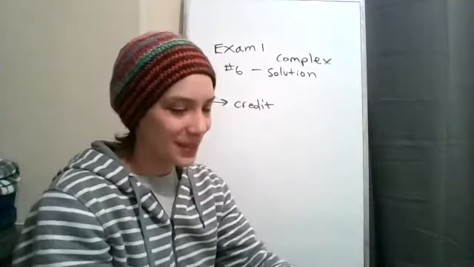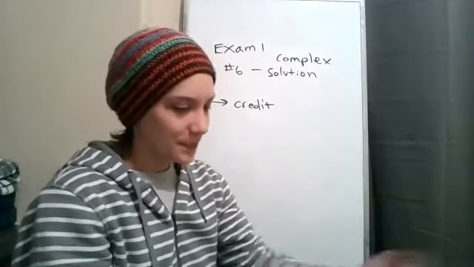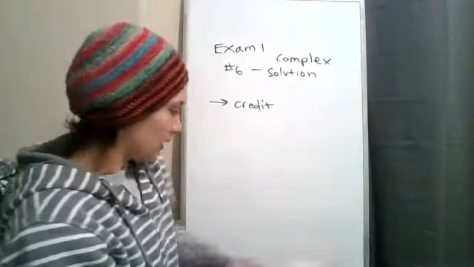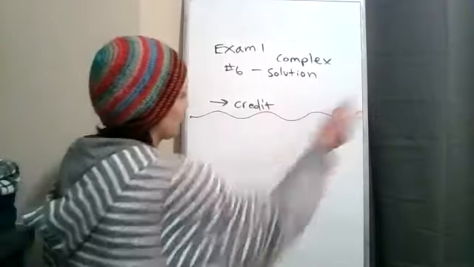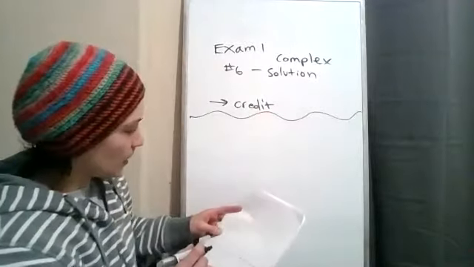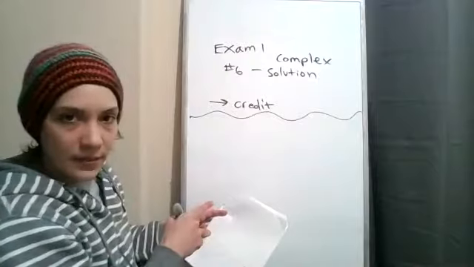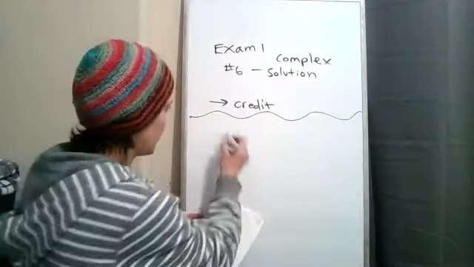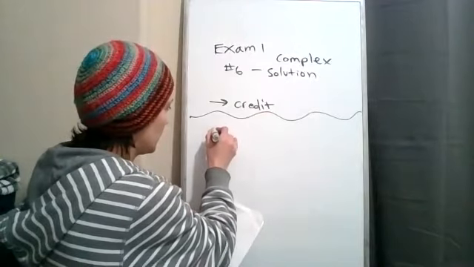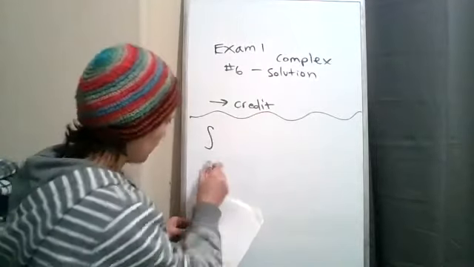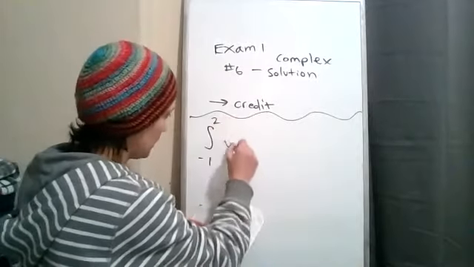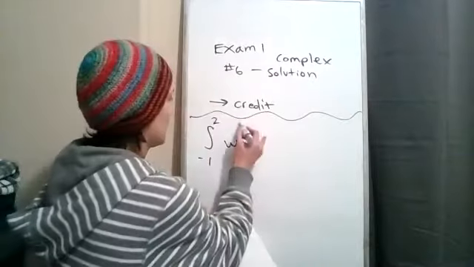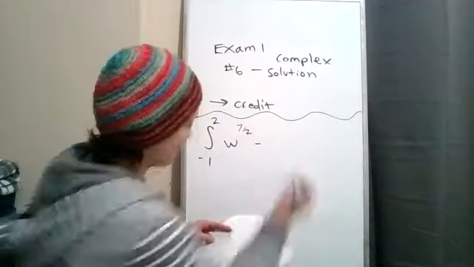What was the answer? Okay, I'll try writing it up. I'm going to skip some steps to just put a little skeleton of what went on. So we got the integral from -1 to 2 of w with a 7/2 w to the 3/2.